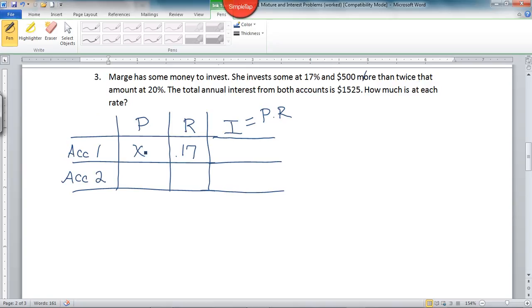Twice the amount at the first account is X, so twice the amount would be 2X, right? And then I want 500 more than that, that would be plus 500, wouldn't it? And so the principal of account 2 is 2X plus 500. Rate-wise, we got 20%. That's 0.20 for the rate of the second account.